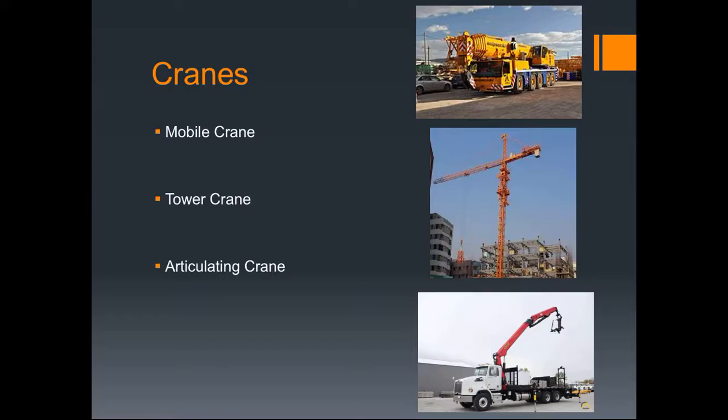The articulating cranes are mostly used to place meter vaults or steel plates a lot of the time. And a meter vault is something that helps to provide easy access for water meters.